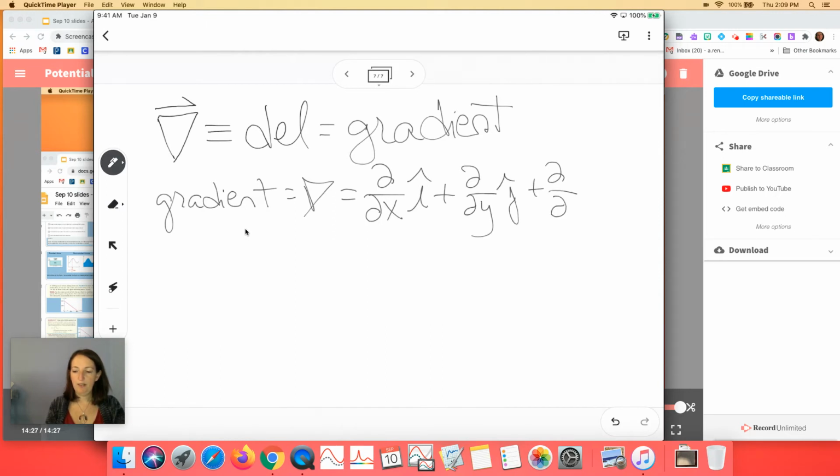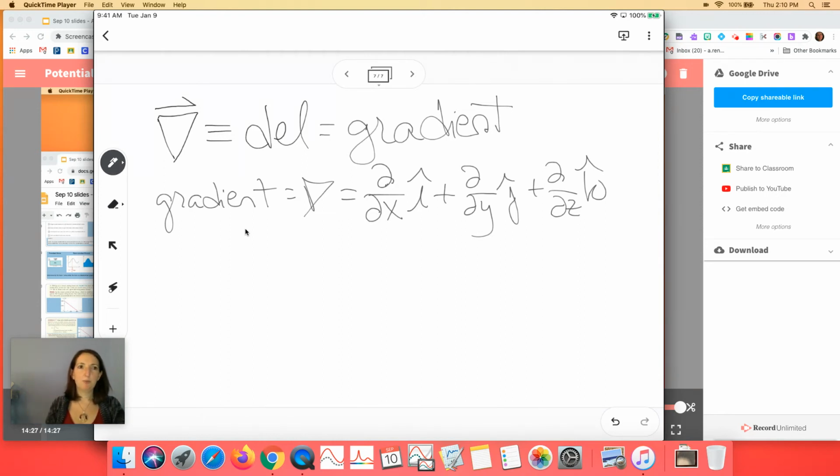Okay, if you have never seen this symbol, this is a partial derivative, okay? And all a partial derivative is, if you have a function that's a function of both x and y, for instance, taking a partial derivative with respect to x means you keep all the other things, including y, constant, and take a derivative just with respect to x.